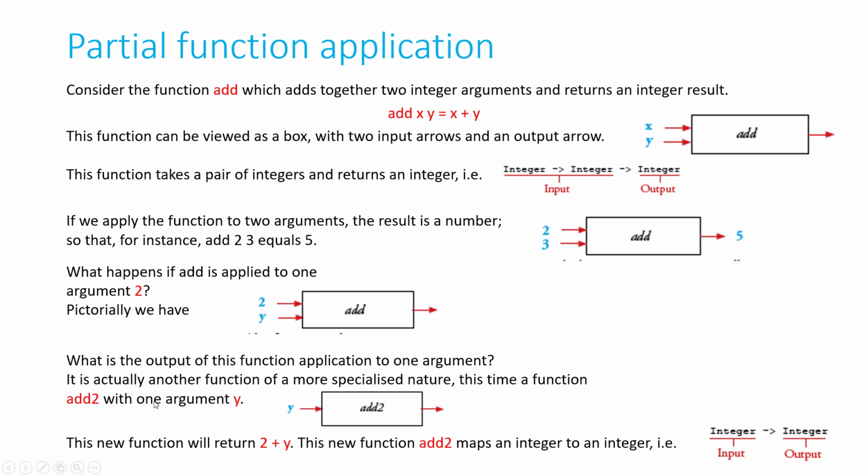This time a function add 2 with one argument y. This new function will return 2 plus y, and this new function add 2 maps an integer to an integer. So in the notation that we've used for describing functions, it's integer forward arrow integer, input output.